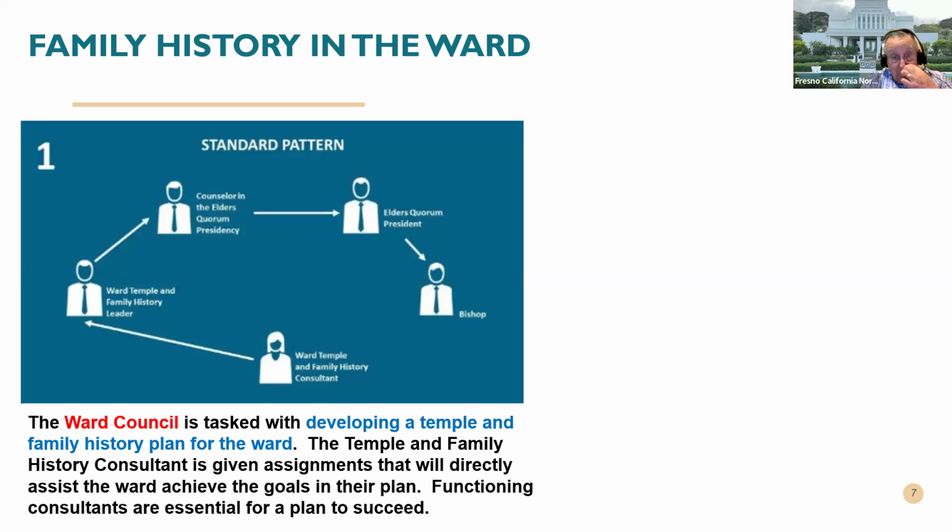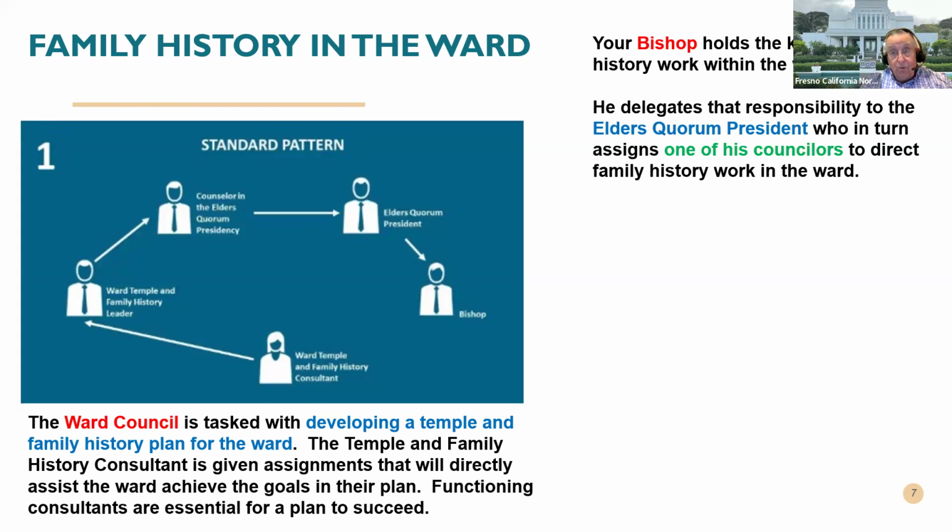It actually is overseen by the Elders Quorum president and the Relief Society president. They're supposed to lead the discussion in doing that because it is their responsibility to run the temple and family history programs within the ward. As far as the ward is concerned, the bishop's the one that holds the keys to temple and family history work in the ward.